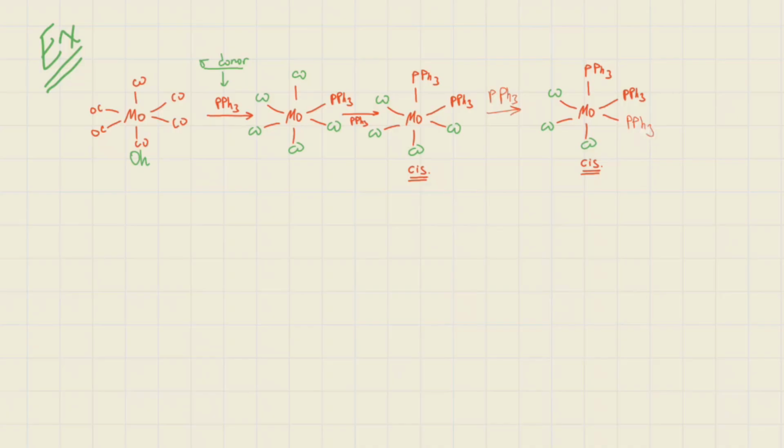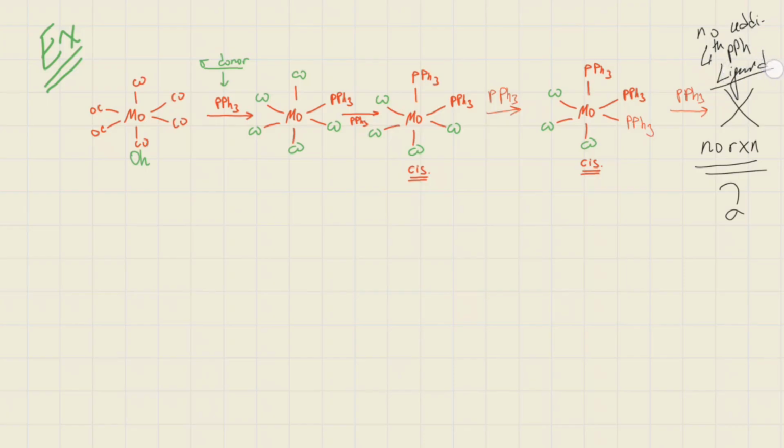Okay. But if you try to add more, guess what? There is no reaction. But why? What's happening? Why can't we add the fourth one? No addition of the fourth phosphine ligand.